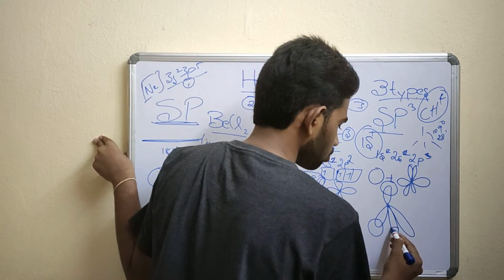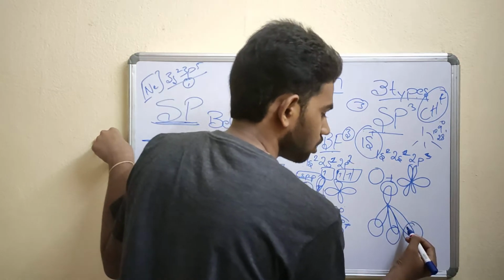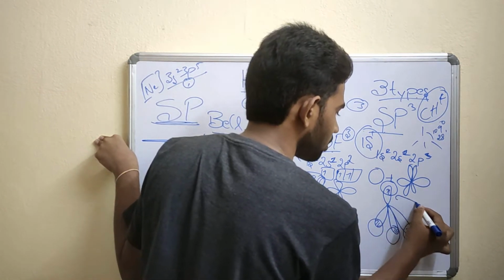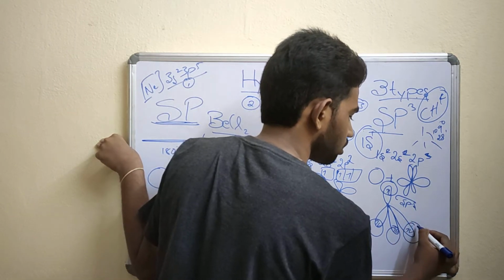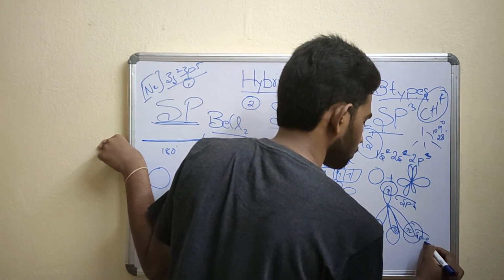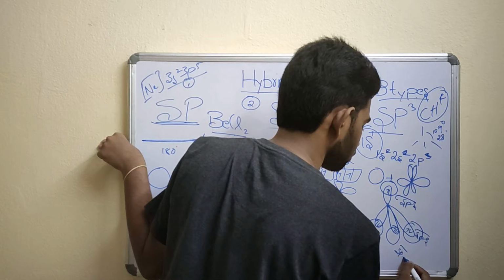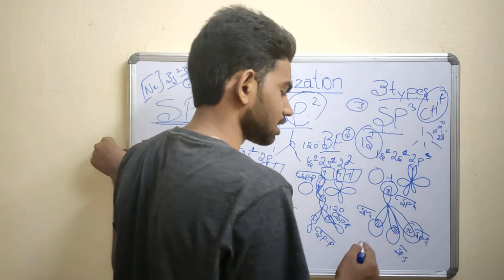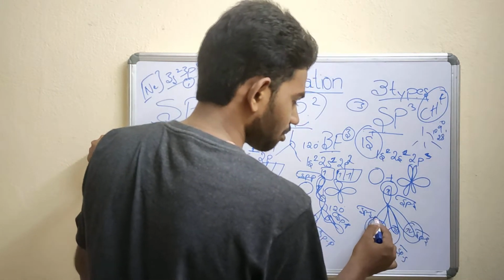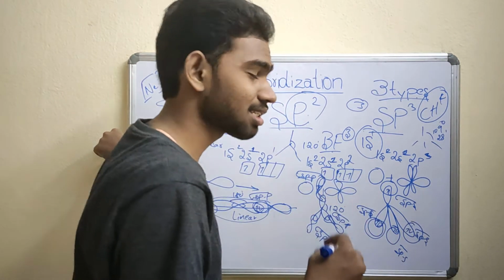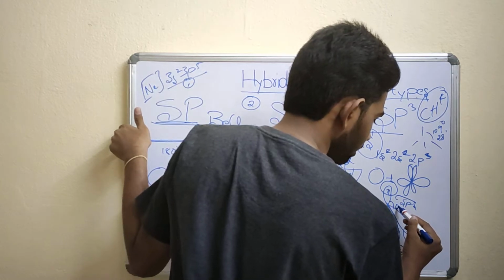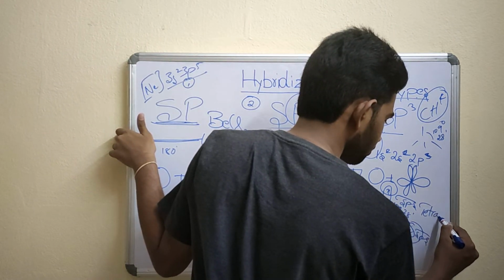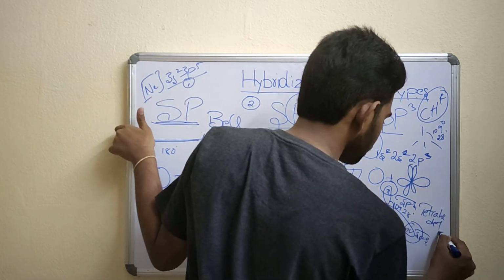So four sigma sp3-s bonds are formed, because hydrogen has an s orbital. The bond angle is 109 degrees 28 minutes and the shape is tetrahedral.